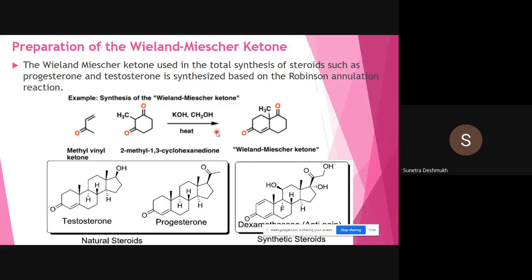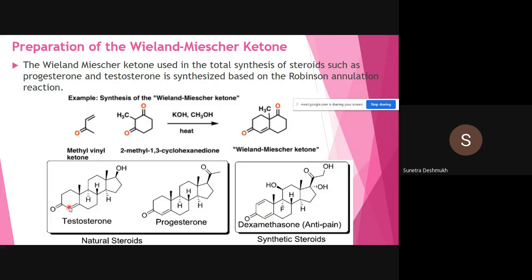So now one more important part regarding the Robinson's annulation reaction is that we can use it to synthesize the Wieland-Miescher ketone. Very important in the synthesis of natural steroids or synthetic steroids.